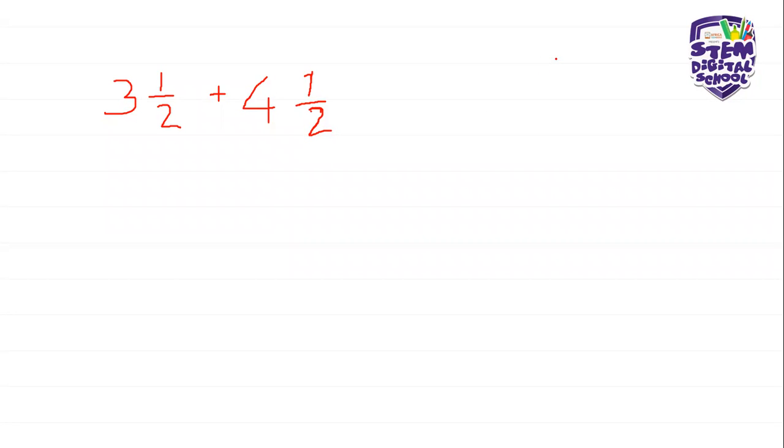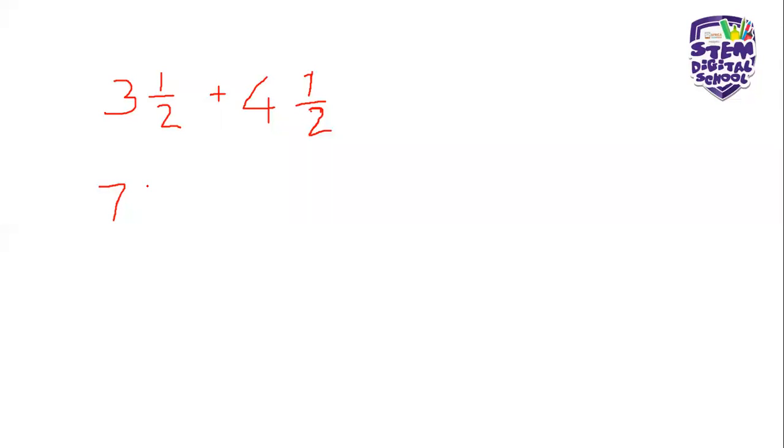All right. Since I see you guys are adamant about putting the answer in the chat, we add the wholes first. 3 plus 4 is what? 7. Then you add the fractions.